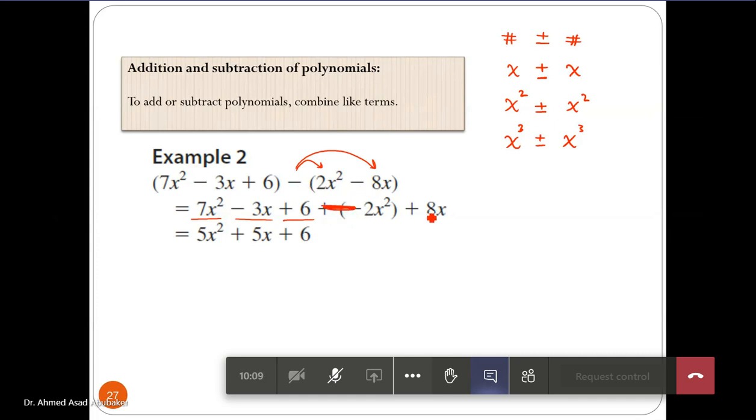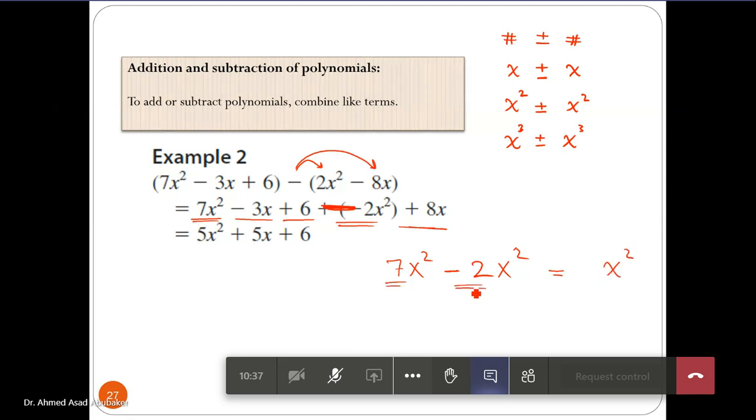And negative with negative, look at this, positive 8x. Now we have 7x square and negative 2x square, so we can add these terms together.